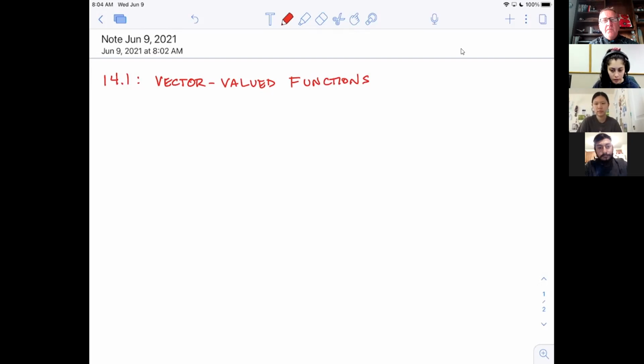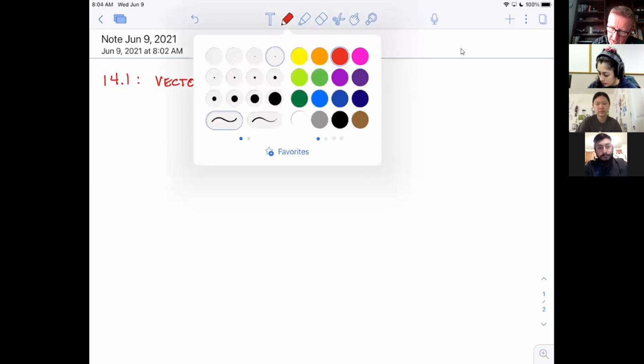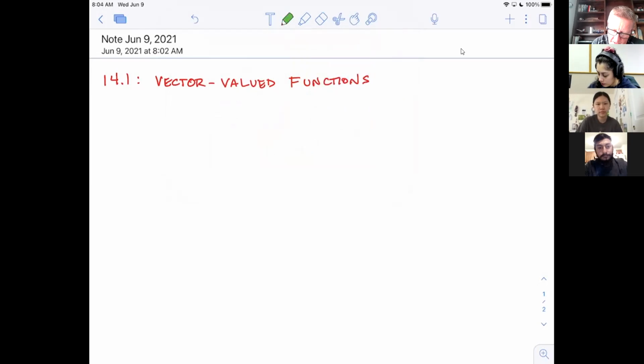Awesome. Well, vector valued functions. Let's get right into this. The good news is everybody knows what AKA stands for. Also known as just a parametric equation.